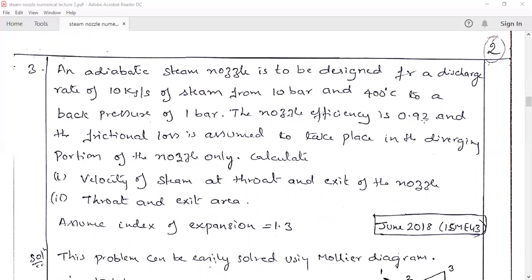The nozzle efficiency is given as 0.92, and the frictional losses are assumed to take place in the divergent portion of the nozzle only. That means the nozzle is of convergent divergent type and the frictional losses occur only in the divergent part.